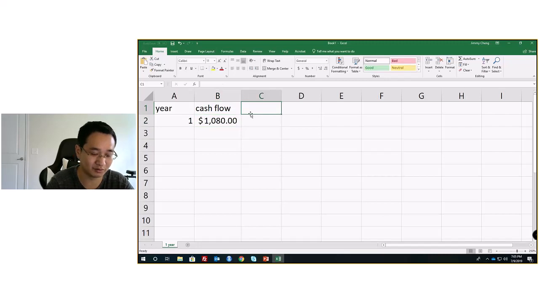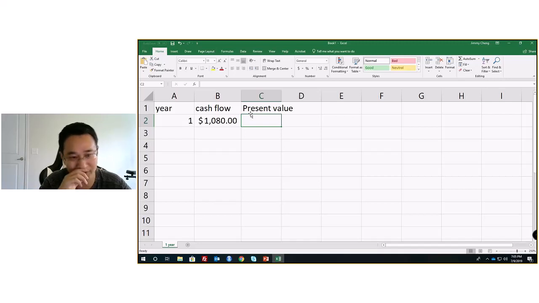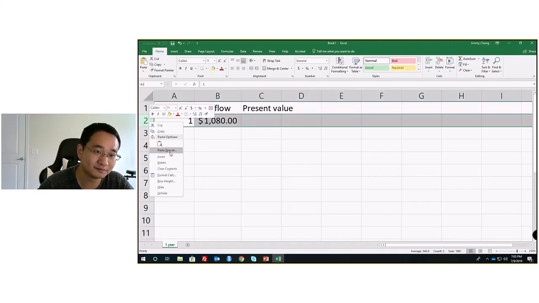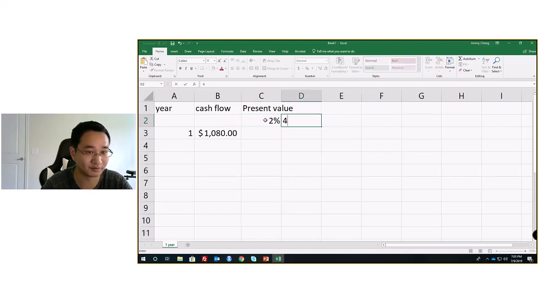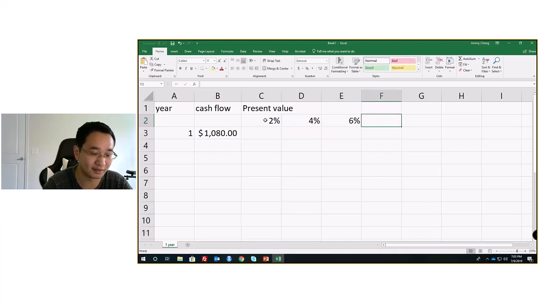We always want to calculate the present value. Present value of this, if we assume interest rates of 2%, 4%, 6%, 8%, 10%. So what is the present value of this?